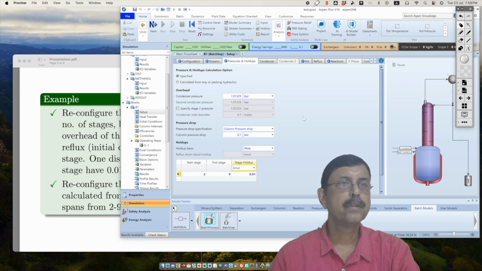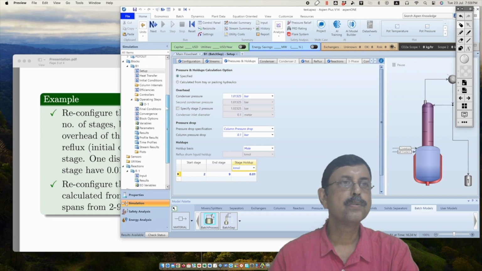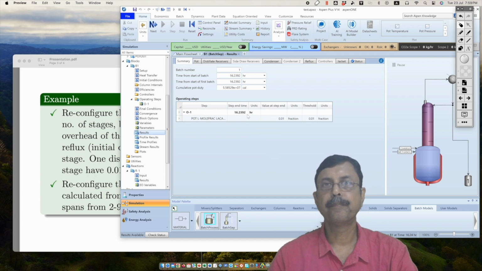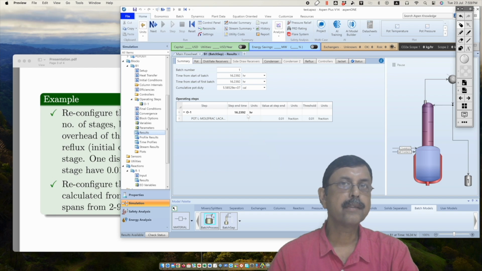Okay, so the run is complete. Now let us go to the results once again. Now here you find that it has stopped at 0.01, but it has taken 16.2392 hours of time, unlike in the last case, where we used only the pot type.